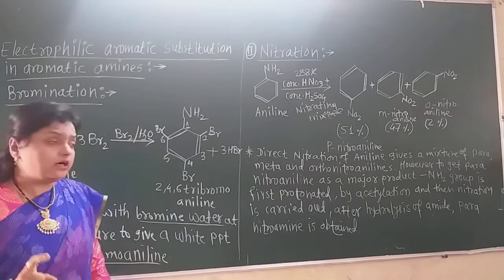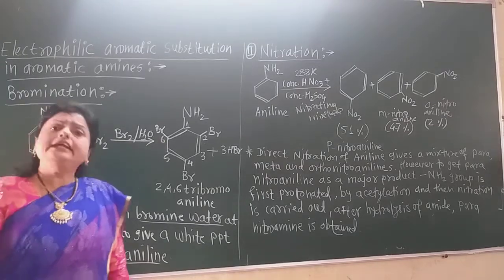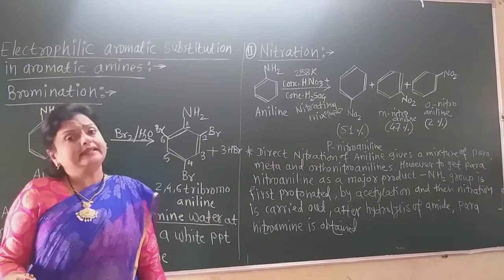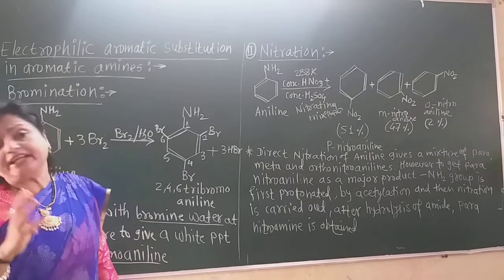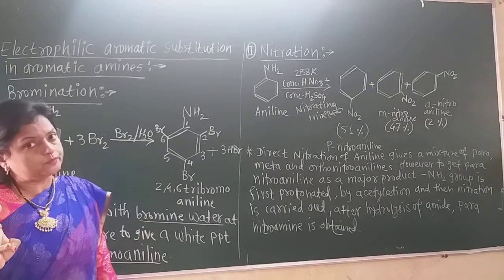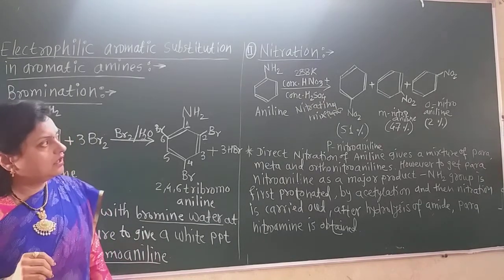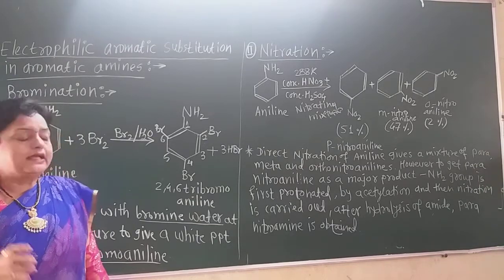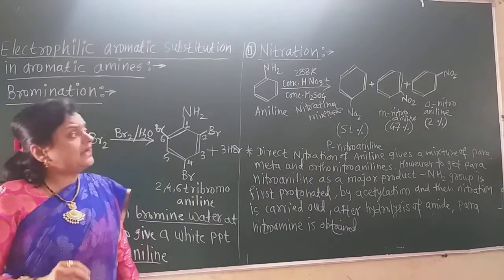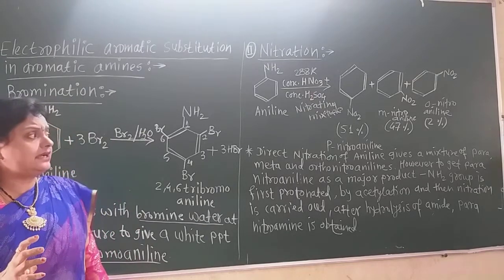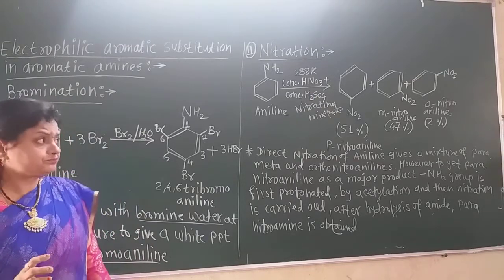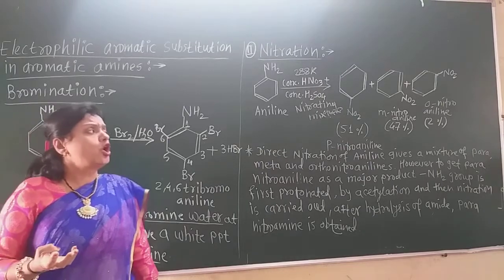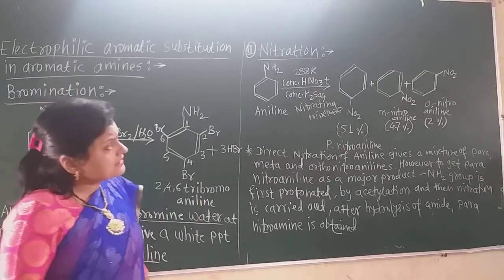Then if we directly do the nitration of aniline, we obtain a mixture of 3 different products: para-nitroaniline, meta-nitroaniline and ortho-nitroaniline. Out of that, the percentage of para-nitroaniline is somewhat more and the percentage of ortho-nitroaniline is very less.